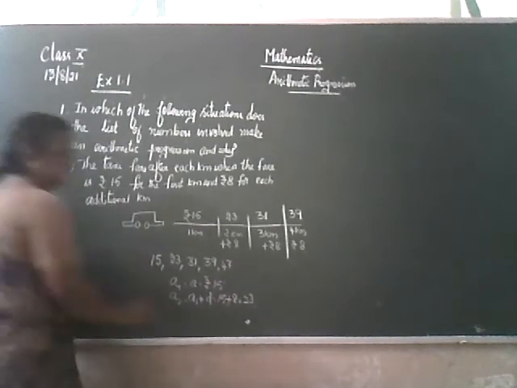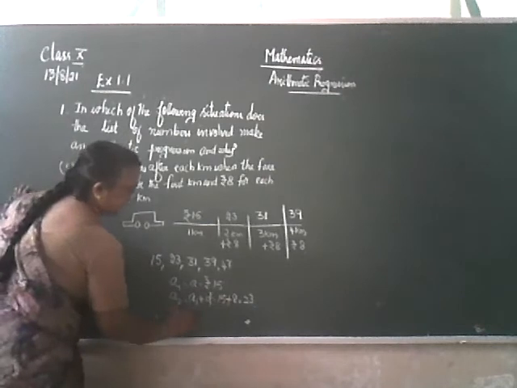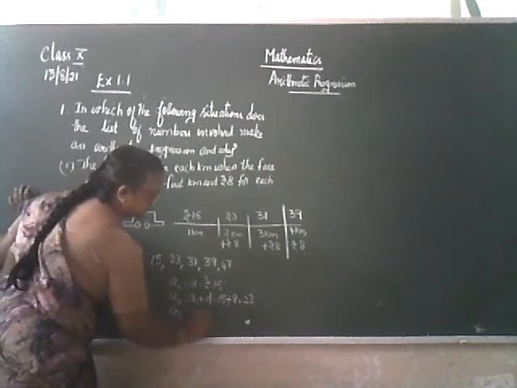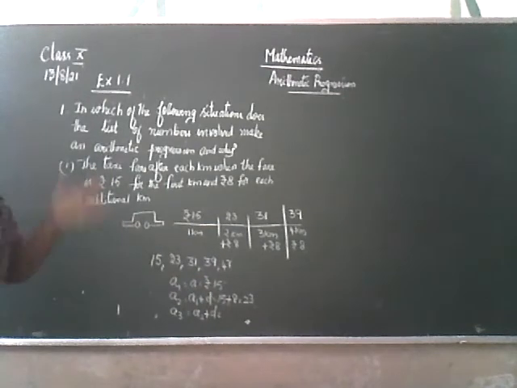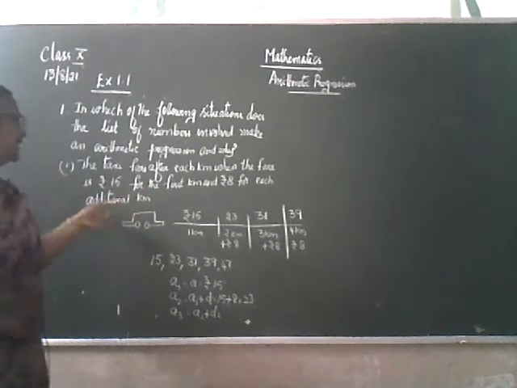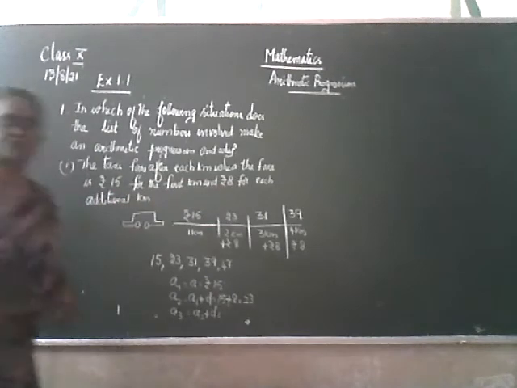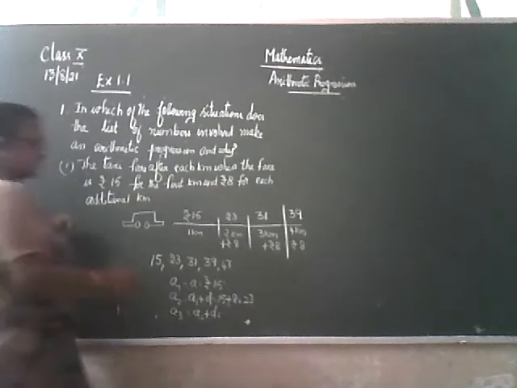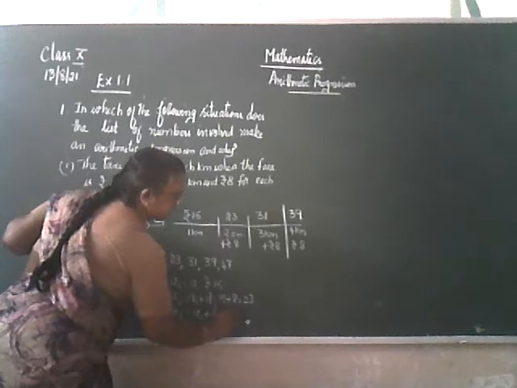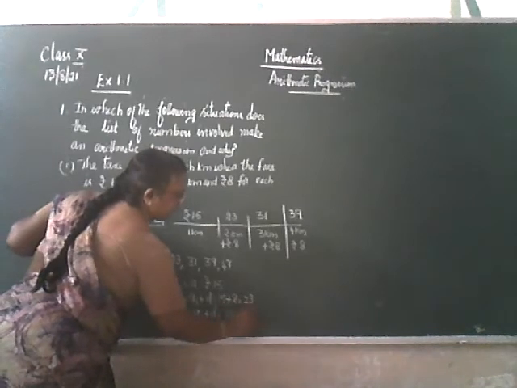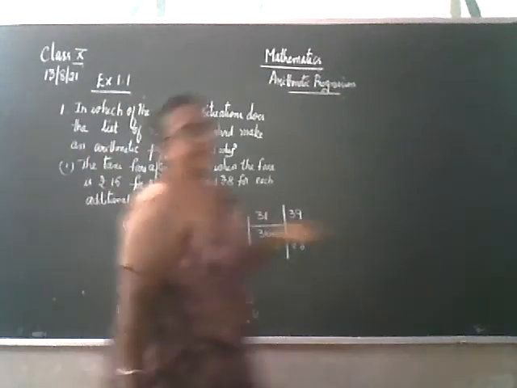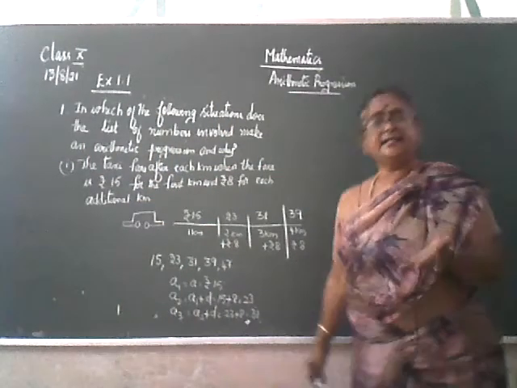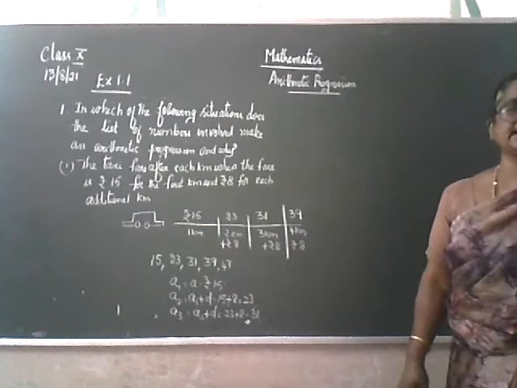Then in the third one, again A2 plus the common difference 8. Each additional kilometer, rupees 8 should be added. So the next kilometer it is 23 plus 8, 31, isn't it? So, here A is given and the common difference D is also given as 8.